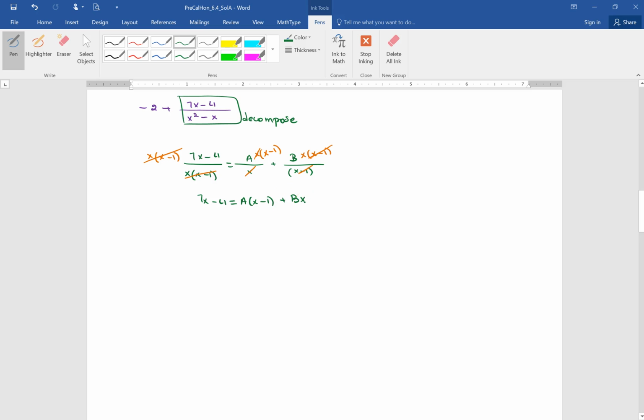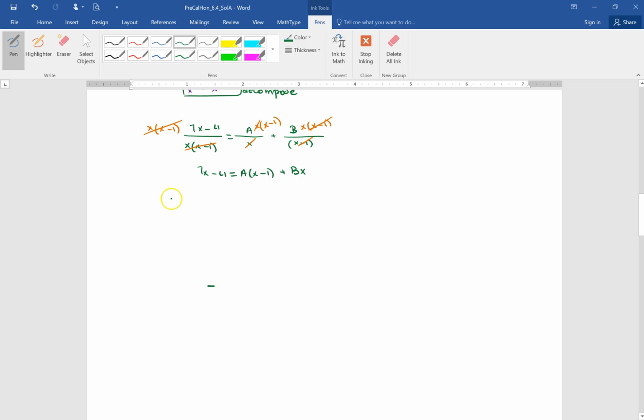Now, I have to choose numbers to eliminate one of these variables. So if I substitute a 1 into the x, then this term goes away. So let's start with that. If x is equal to 1, then 7 minus 4 is 3 equals A times 0 plus B, meaning B is 3.